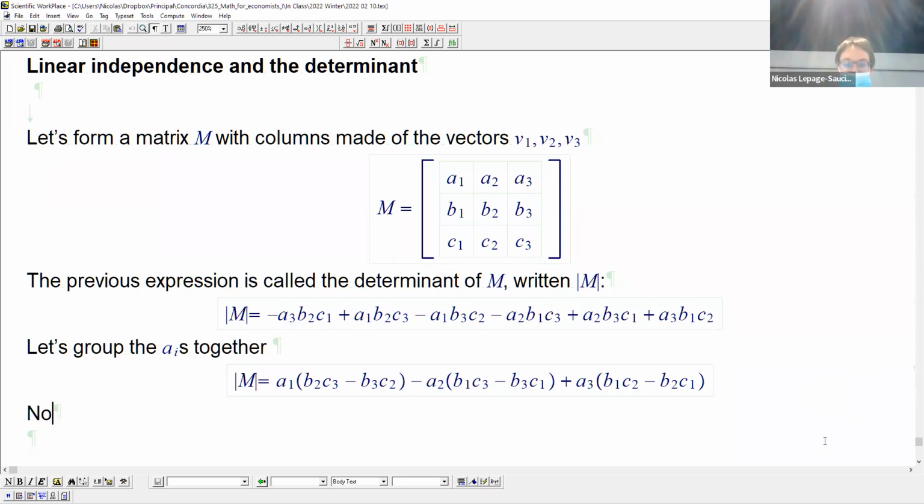Okay, so note the factors that the A's multiply: determinants of submatrices.